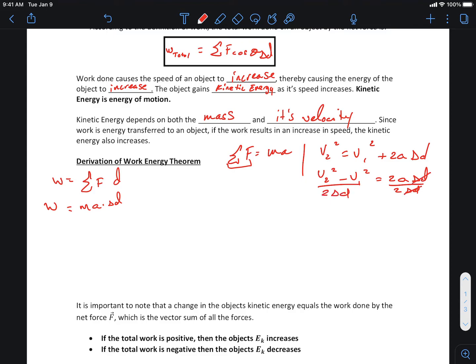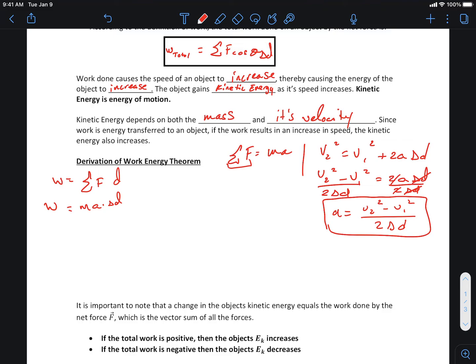The delta D's cancel and the 2's cancel, and a will be equal to V2 squared minus V1 squared divided by 2 delta D. Any issues with that? Anybody not like what they see on the screen?